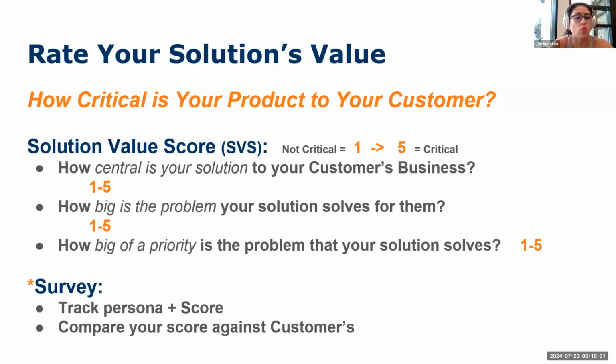How central is your solution to their business? You have to look at it from all 3 perspectives. And then the alignment, as always, is absolutely critical, because what people consider valuable and what makes them actually invest in your solution can differ. We need to adjust for that and make sure you've got that aligned as well.